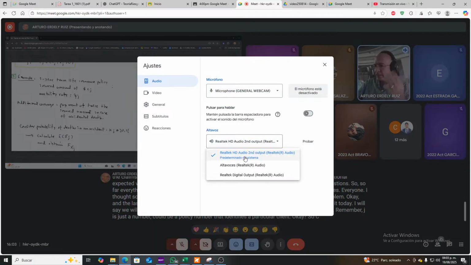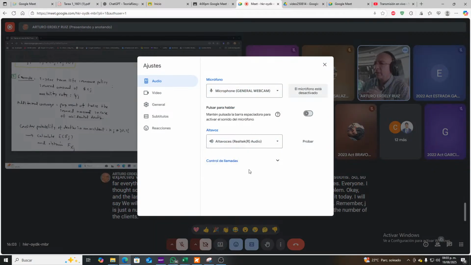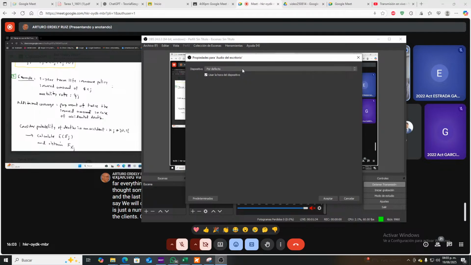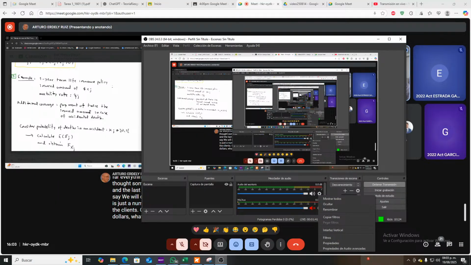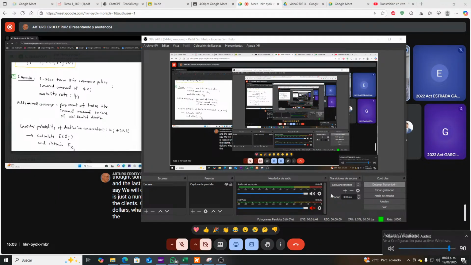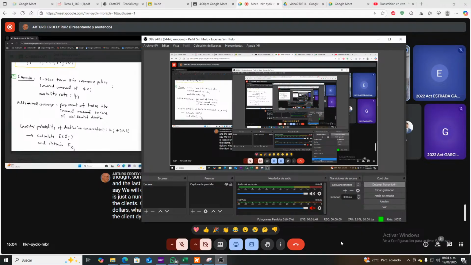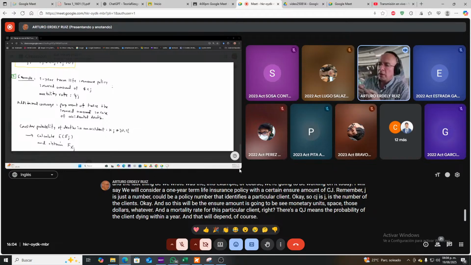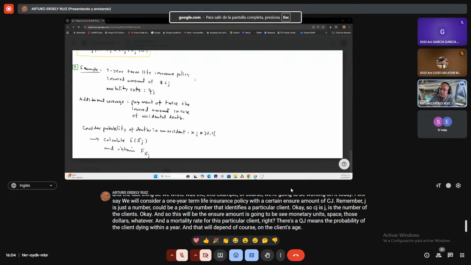So J is the number of the client. And that will depend, of course, on the client's age, sex, and if he or she is a smoker or non-smoker.